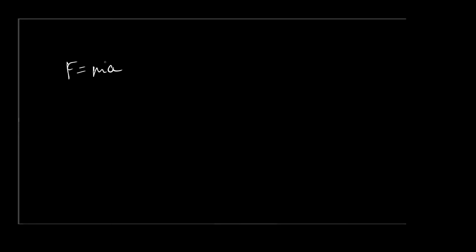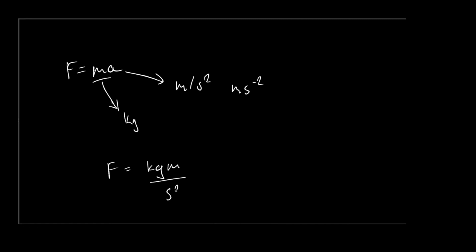Well, first off, let's start with units. Mass is going to be measured in kilograms. And acceleration, as we know, is measured in meters per second squared. Because we're multiplying these two units, we end up with the unit for force equaling kilogram meters per second squared.